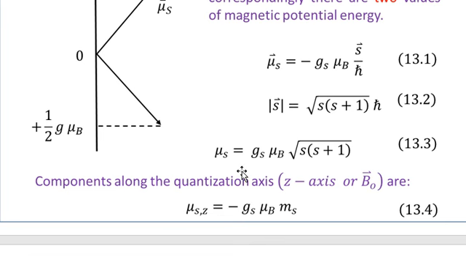So 13.3 will give you the magnitude of the spin magnetic moment in terms of the spin quantum number of the electron.